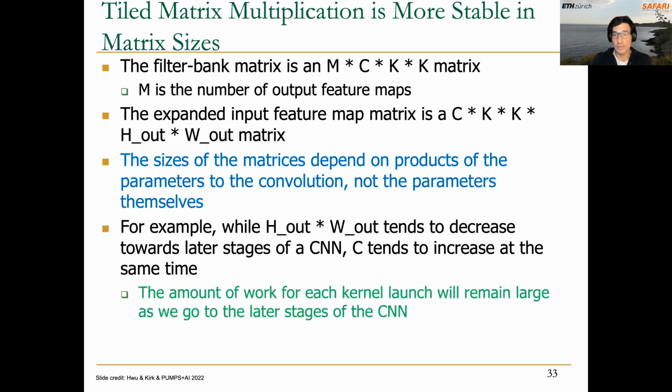That has something good. For example, while H out and W out tend to decrease towards later stages of a CNN, C, the number of channels, tends to increase at the same time. So the amount of work in each layer, each kernel launch, will remain large and more or less stable as we go to the later stages of the CNN.